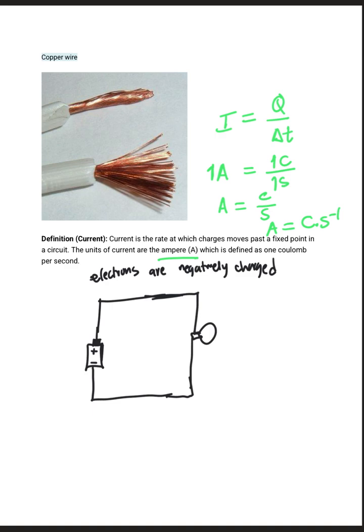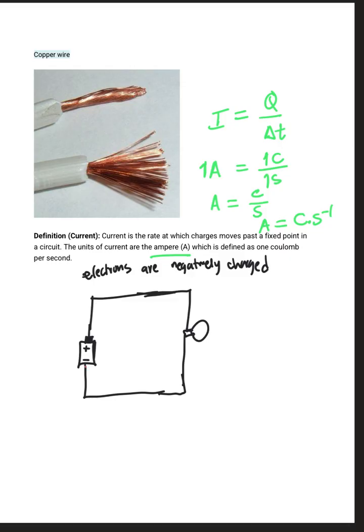Now these electrons, because they are negatively charged, will move away from the negative side of the battery. They will flow away and move towards the positive side of the battery. They will continue moving towards the positive side because they are negatively charged.